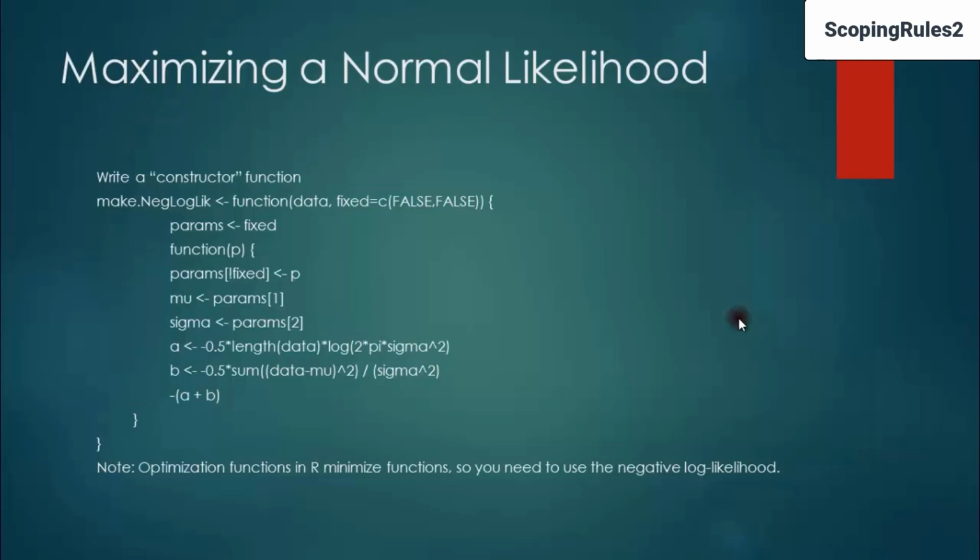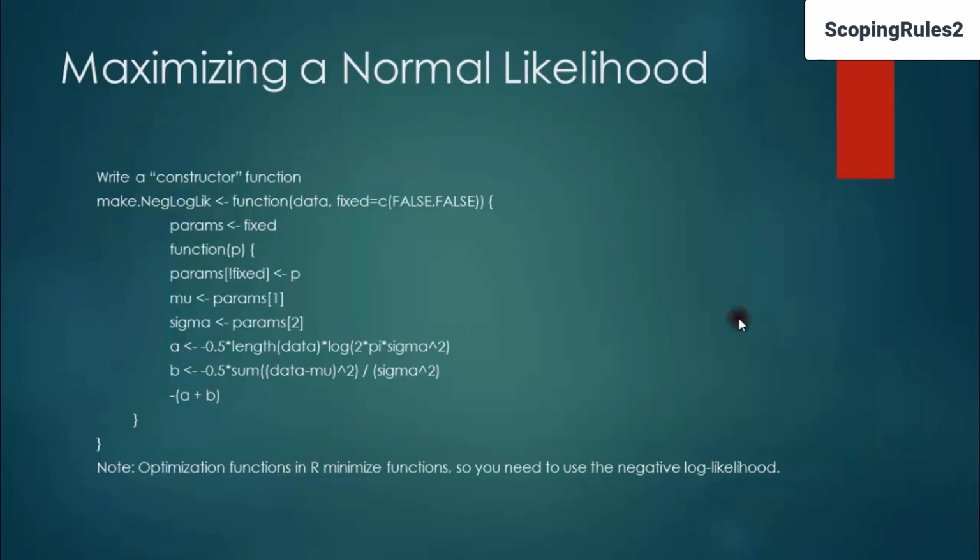So we are writing a constructor function. A function make.negative.log.likelihood, shortened as make.NegLogLik, is a function which takes the data and a boolean vector fixed equal to c(FALSE, FALSE).